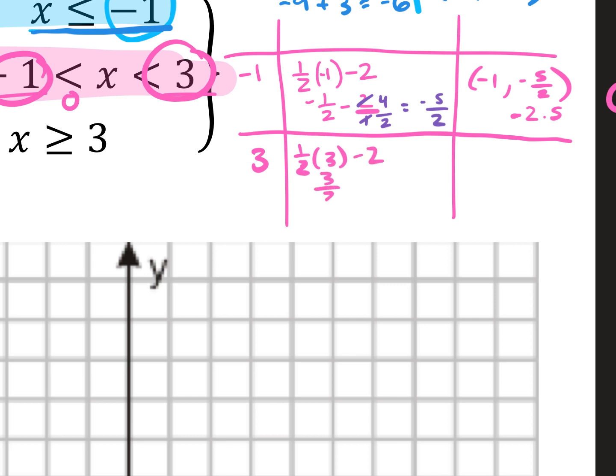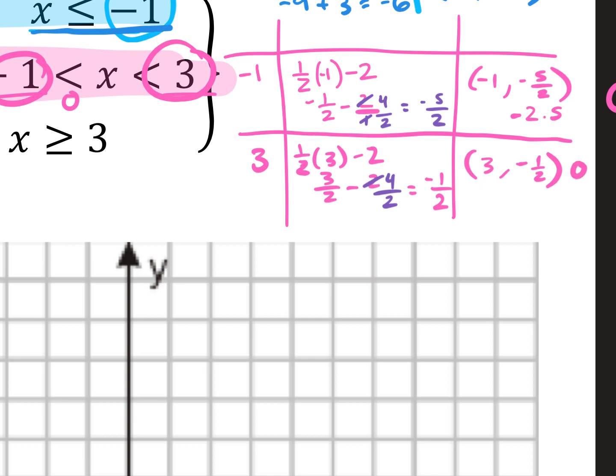This would be 3/2 minus 2. I'm going to change the 2 to be 4 over 2. So 3 minus 4 would be negative 1 over 2. So 3, negative 1/2.